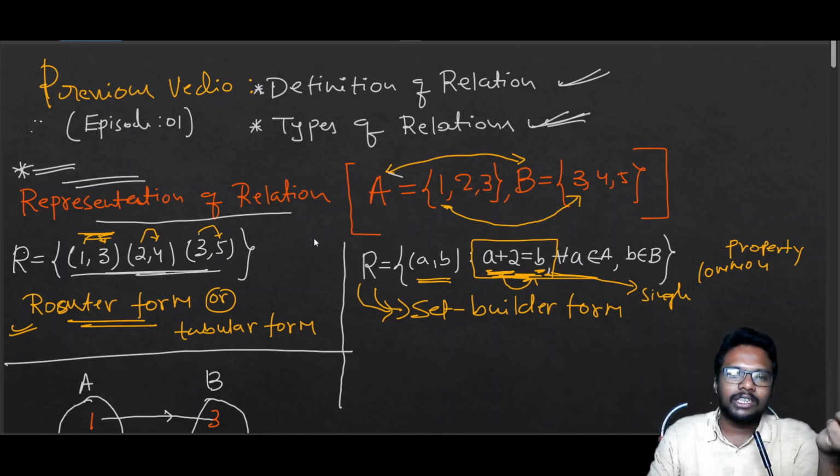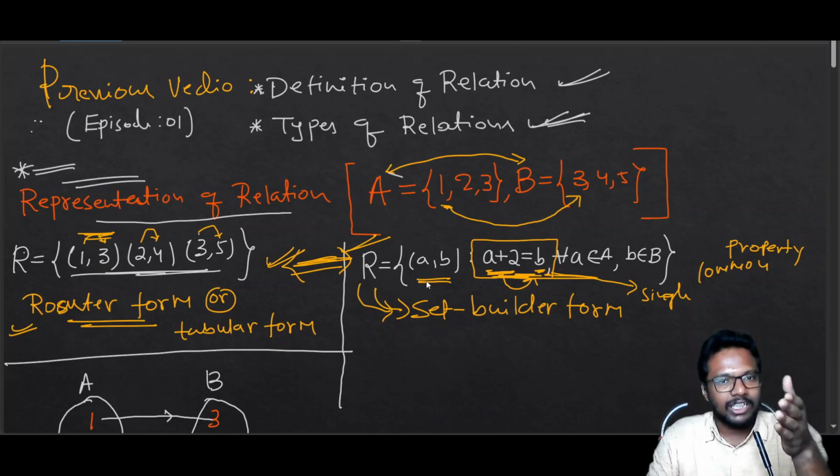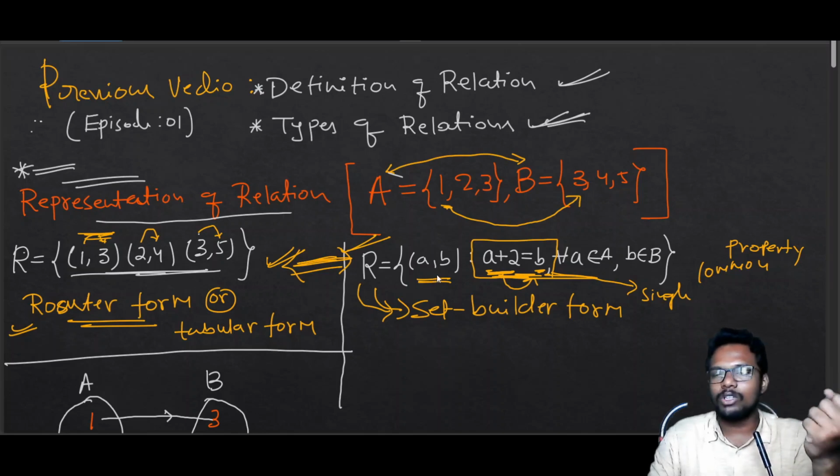In examples, we get either a roster form or a set builder form. In any way we can represent the relation. Both are equivalent. We can represent R by using ordered pairs (1, 3), (2, 4), (3, 5), or we can represent the same relation R by using the single common property a plus 2 equals b.